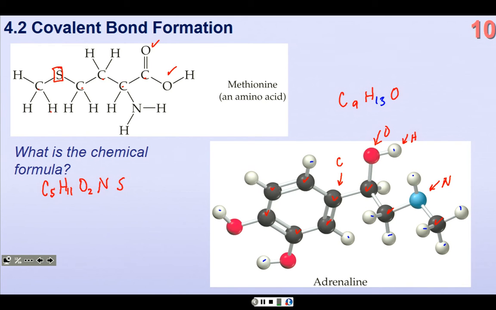Oxygens, well, there's several in this compound. Oxygen has 1, 2, 3 in that particular structure. And then, of course, there must be a nitrogen in here, which I didn't put in my list yet. Only 1. And so that completes the molecular formula for adrenaline.